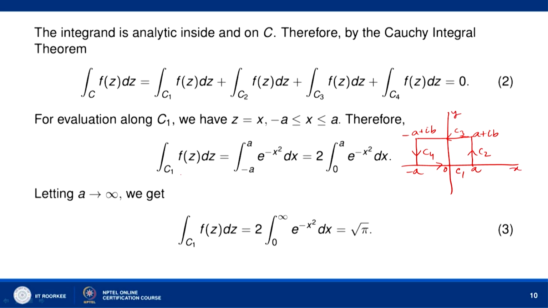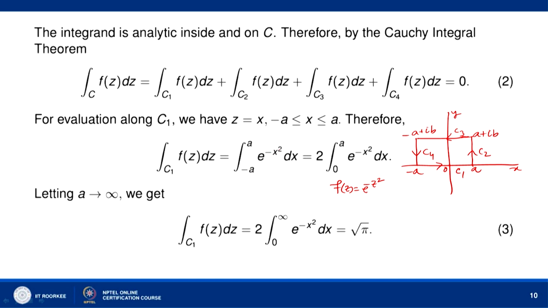Now, you can see when we want to integrate along C1, the line segment from minus a to a lies on the real axis. Therefore, for z we shall write x, and f(z) is e to the power minus z square. So, we will write x for z: e to the power minus x square dx, and x varies from minus a to a.